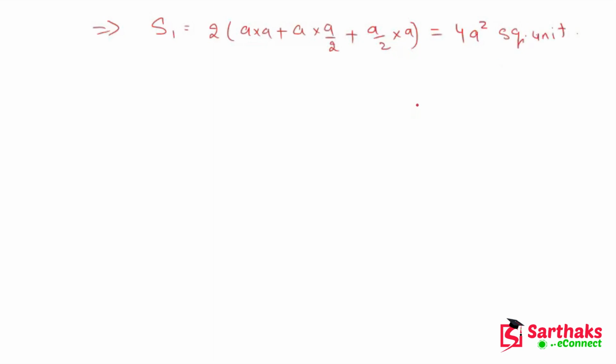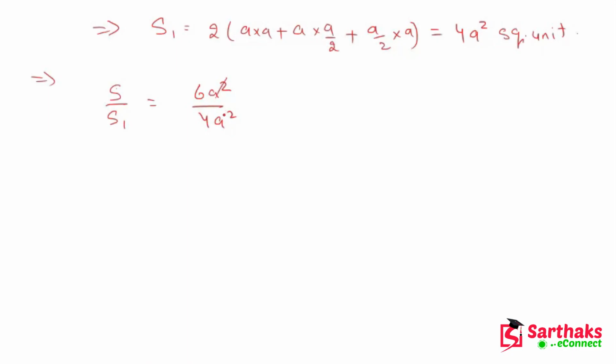Now we have to find the ratio of the total surface area of the given cube and that of one of the cuboids, meaning S upon S1, which is 6a square upon 4a square.